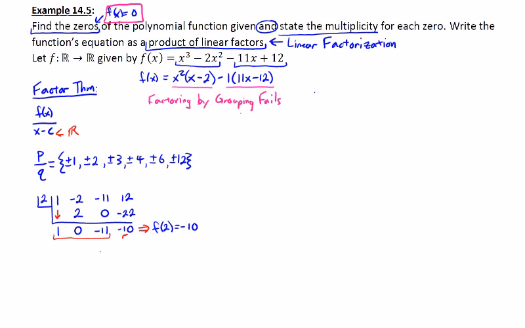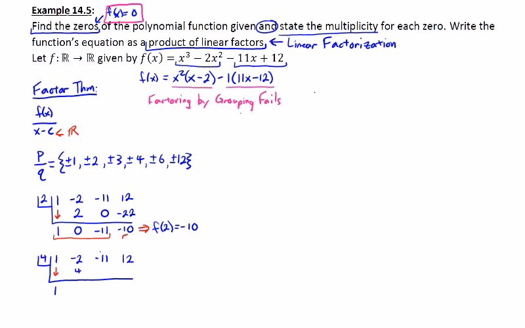Let's try 4. So if we try 4, the initial setup is the same because you're not changing the dividend. All you're changing is your divisor. So we bring down the 1, and we're going to test out 4.